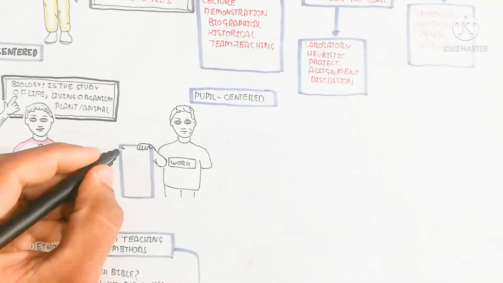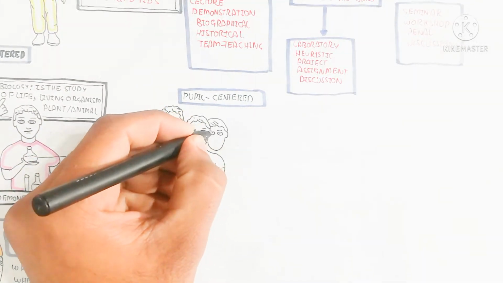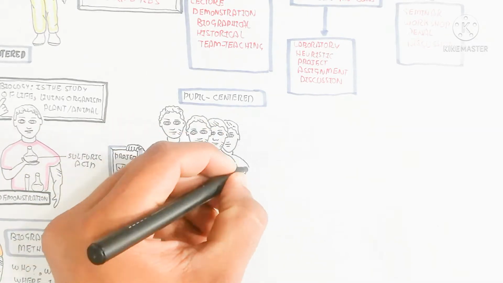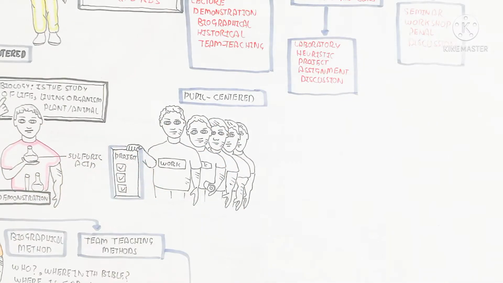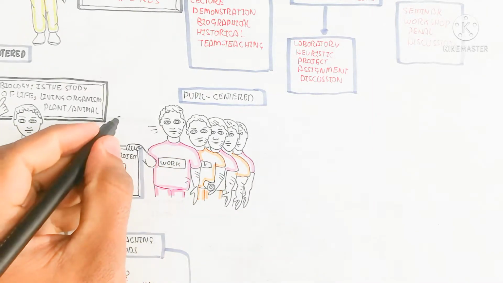On the other hand, an important thing here is the pupil centered method. Here the pupils depend on themselves for understanding, getting the concept, and the learning process.